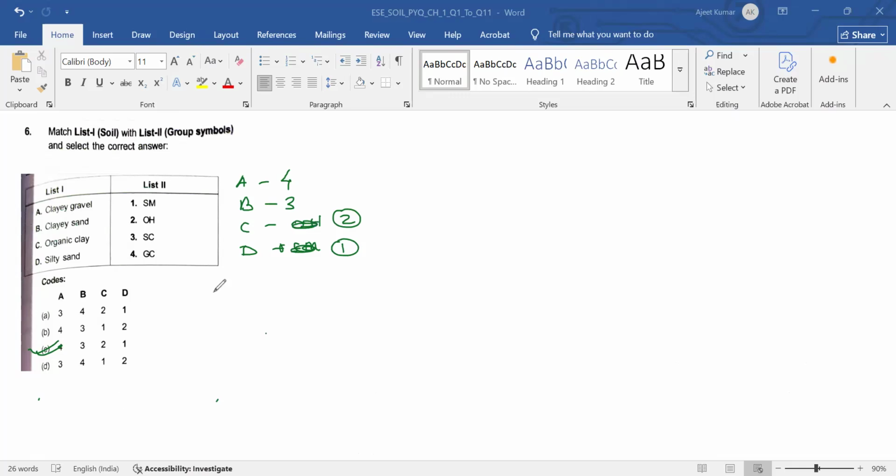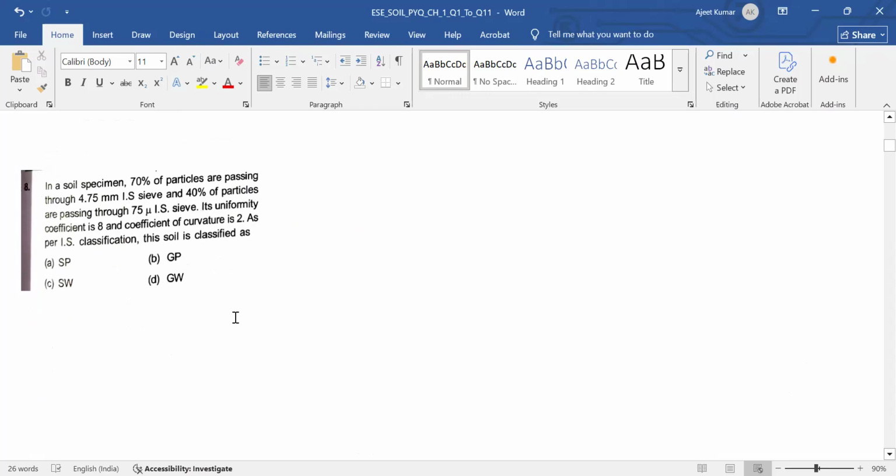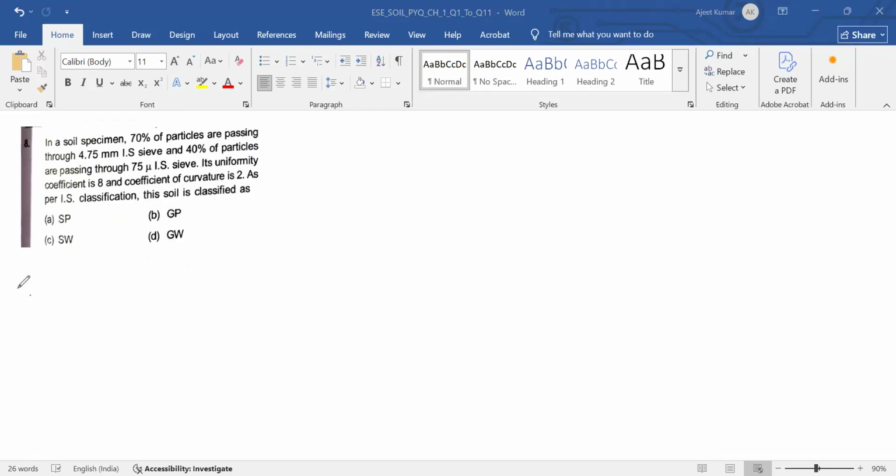Now we will discuss question number 7. Okay, let me clear this first. What is question number 7? Let's see it. In a soil specimen, 70% of particles are passing through a 4.75 mm IS sieve, and 40% of particles are passing through a 75 micron IS sieve.